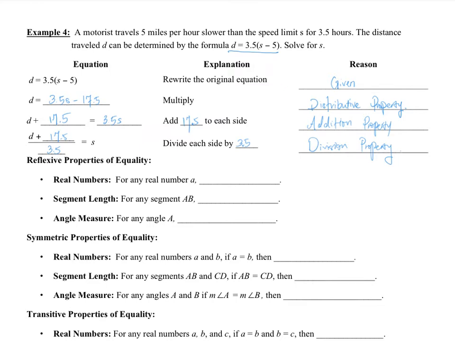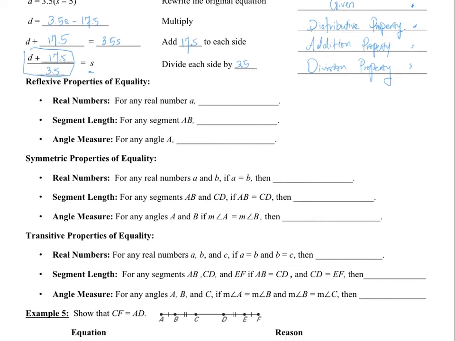So S would equal D plus 17.5 divided by 3.5. And first, you would always write given for the problem, and then you will have to use the distributive property, followed by the addition property, and then the division property.